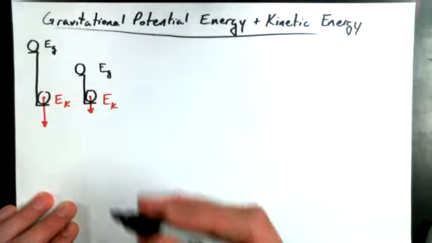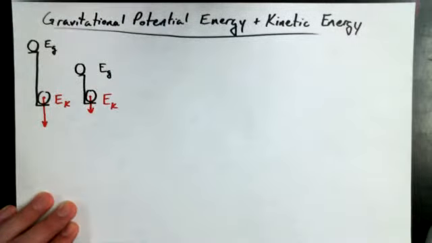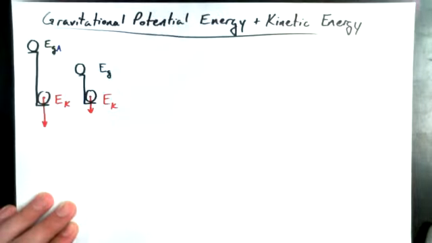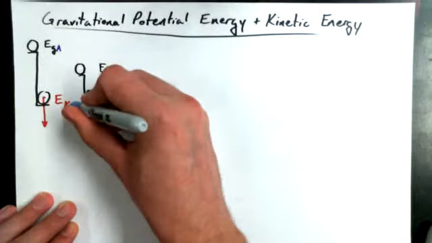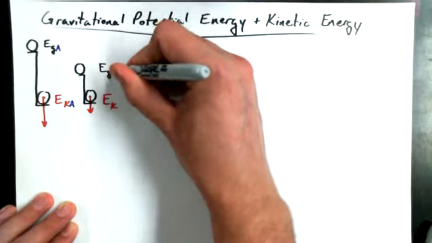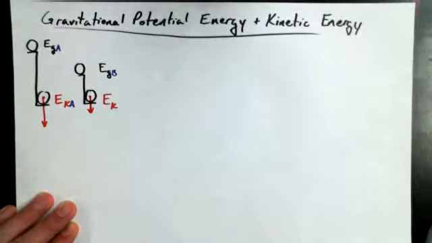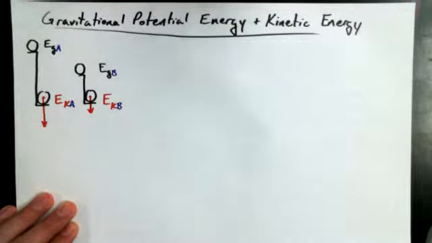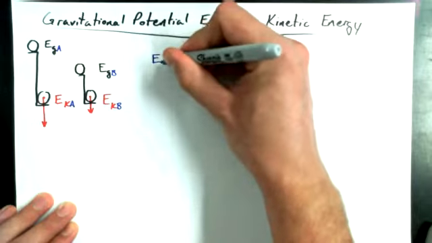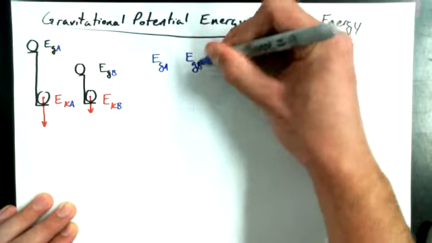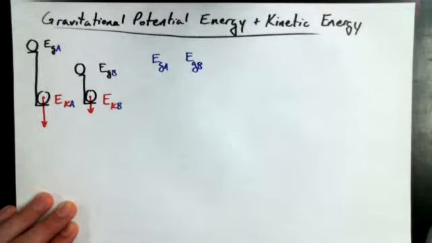Now, if I wanted to talk about these in terms of scenario A and scenario B, this is gravitational potential energy at the top for scenario A, and this is kinetic energy at the bottom for scenario A. This is gravitational potential energy at the top for scenario B, and kinetic energy at the bottom for scenario B. Using greater than or less than symbols, which one's greater, EgA or EgB?